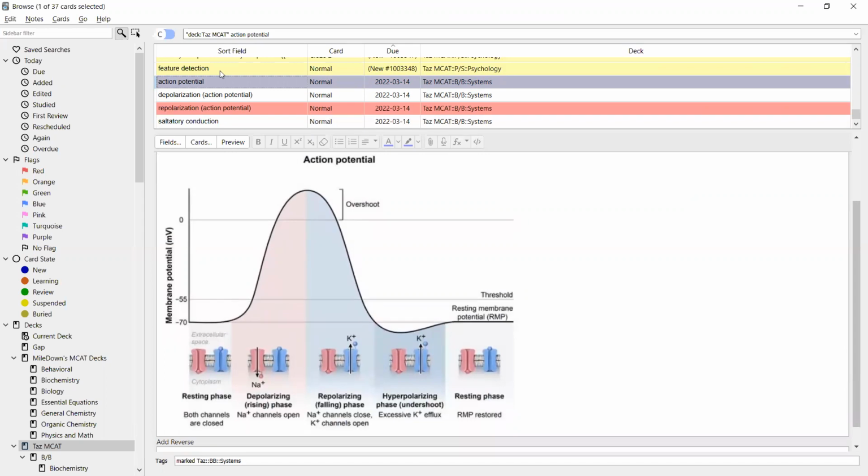The first step was the resting phase, and the resting potential is at -70. What's happening there, though it's not shown here, is the sodium-potassium pump is pumping sodium out and potassium in.